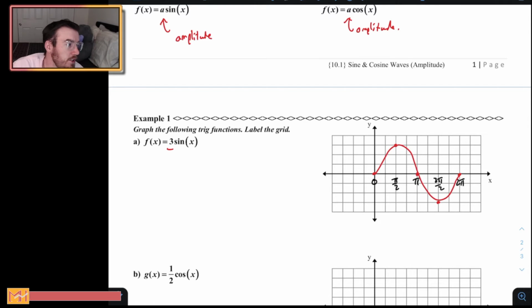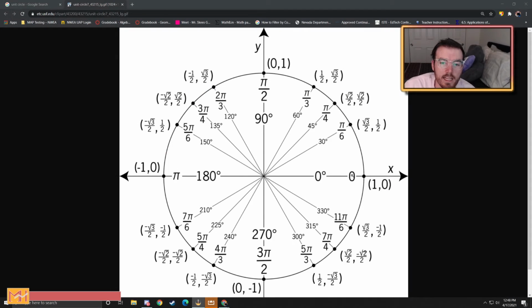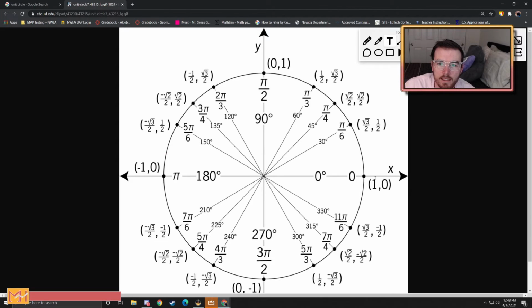Okay? And when you look at a unit circle, that makes sense. It starts at 0, and then it goes up to 1, but we're multiplying by 3, so it goes up to 3, back down to 0, then down to -3, and then back to 0. Okay?